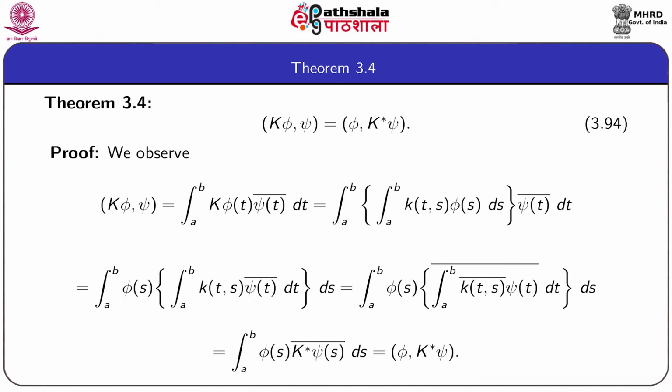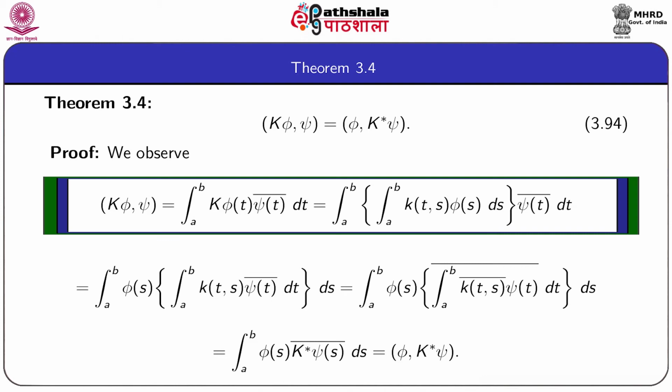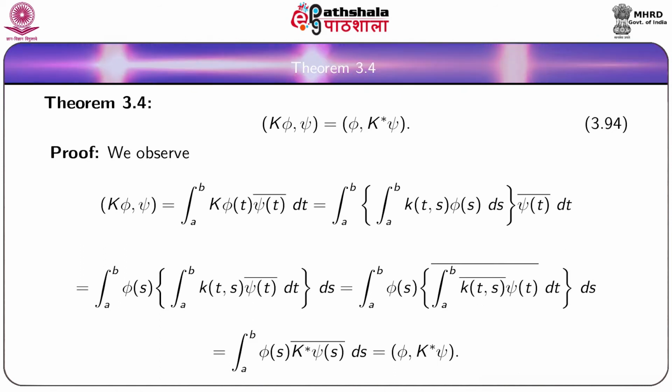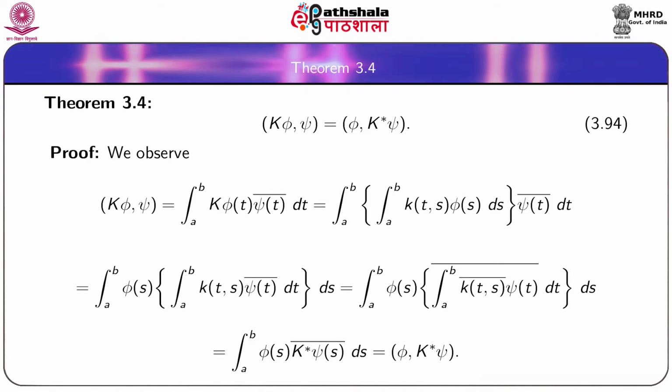For proof, we start with the left hand side, that is the inner product of K phi and psi, and that is equal to, according to the definition of inner product, integral a to b K phi t psi bar t dt, and that is equal to, in this place we expand K phi t and write double integral a to b psi bar t dt integral a to b k t s phi s ds.